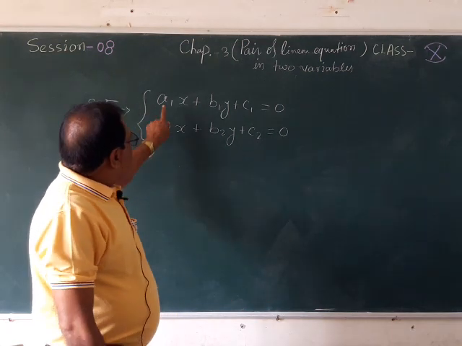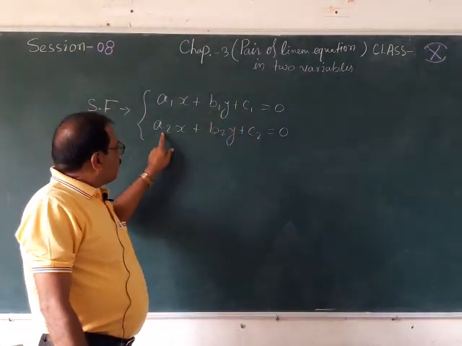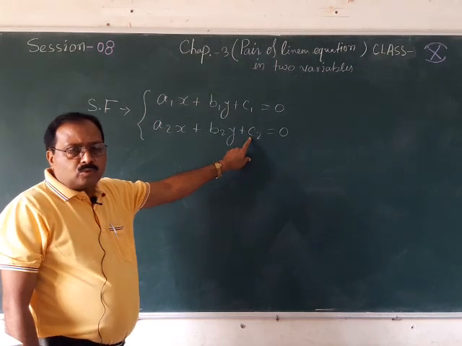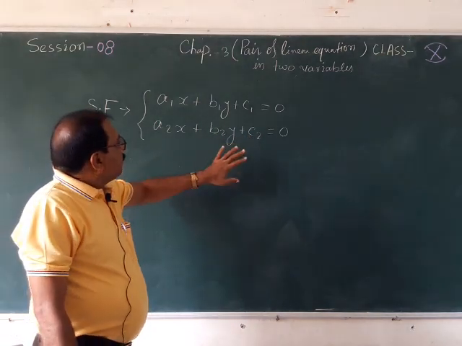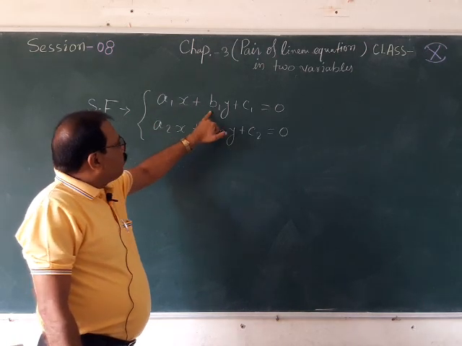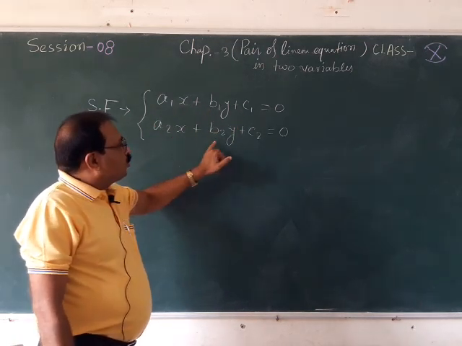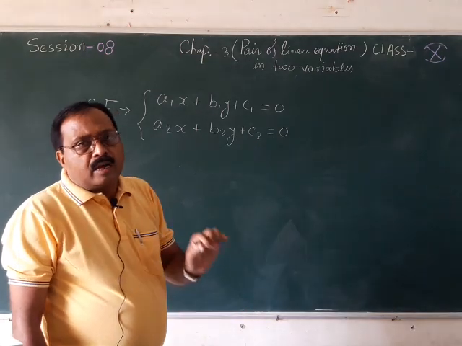Here a1, b1, c1, a2, b2 and c2 represent any real numbers. That means at the place of a1, b1, c1 and a2, b2 and c2 you will have a real number.